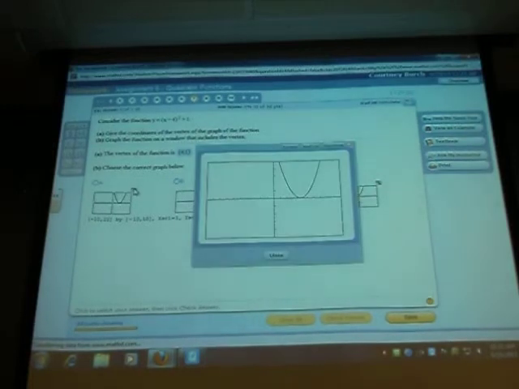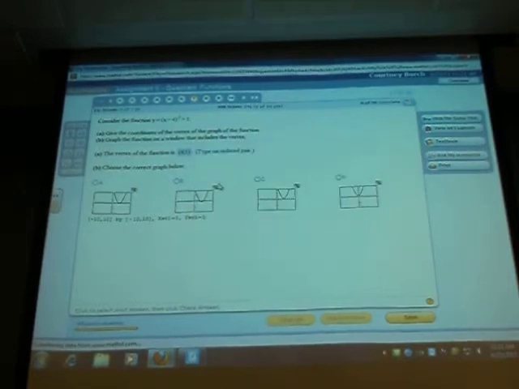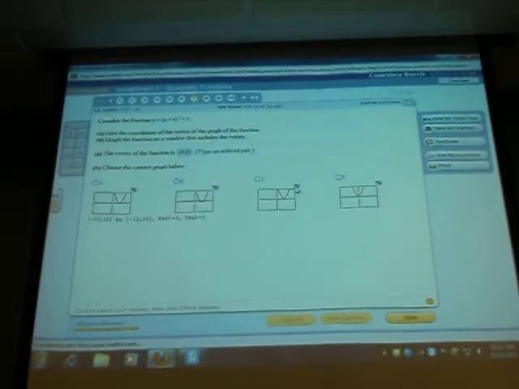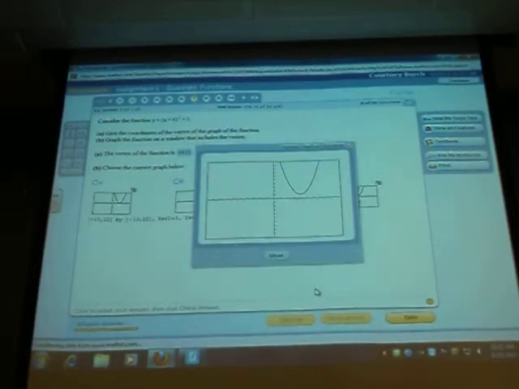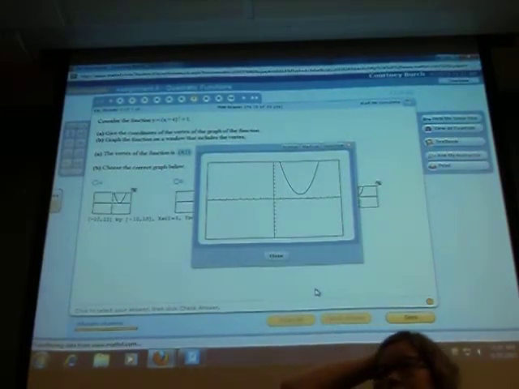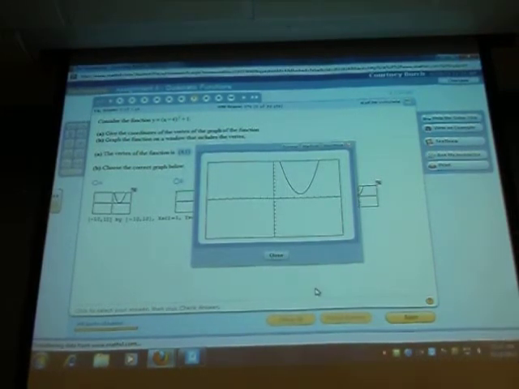B is 4, negative 1. That looks like 4, 1 for my vertex. See how the bottom point of my parabola is at x is 4, y is 1? That's what I would look for. You're always only going to find one that has the right vertex.